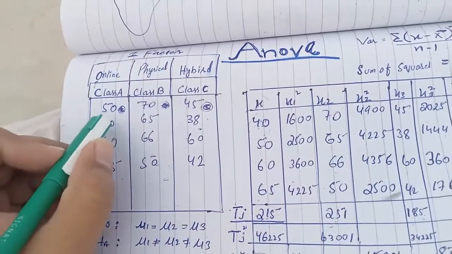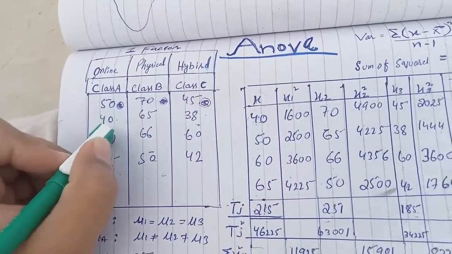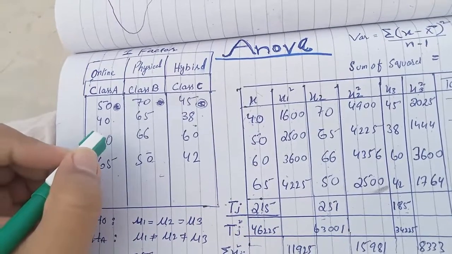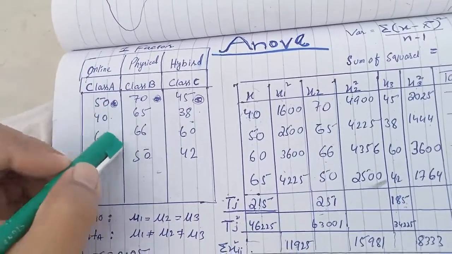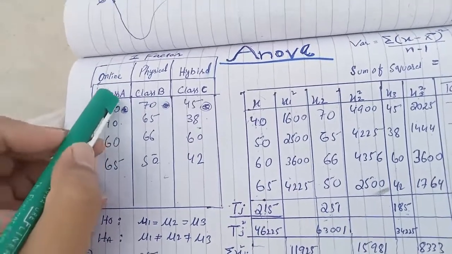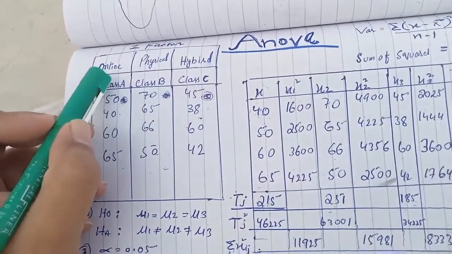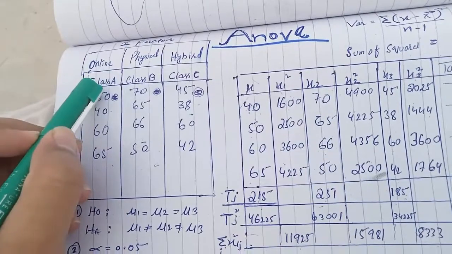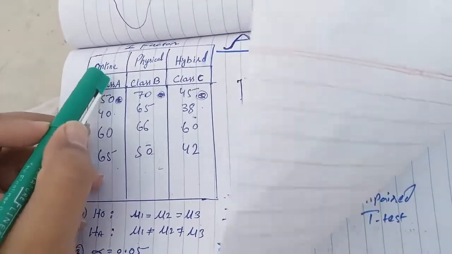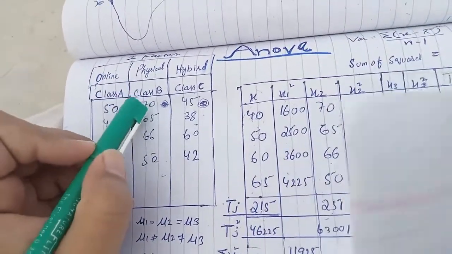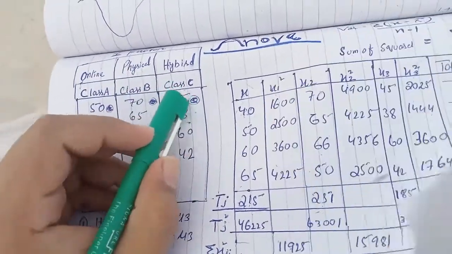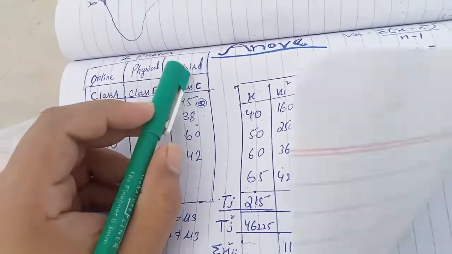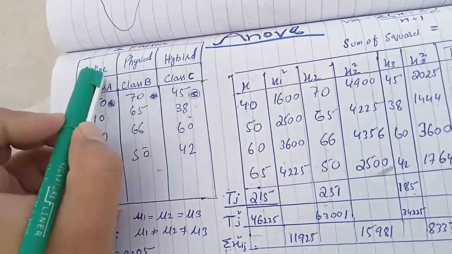If you can see the students' marks, these students take different class models. Class A takes the online class model, class B takes the physical class, and class C takes the hybrid, meaning physical and online both.